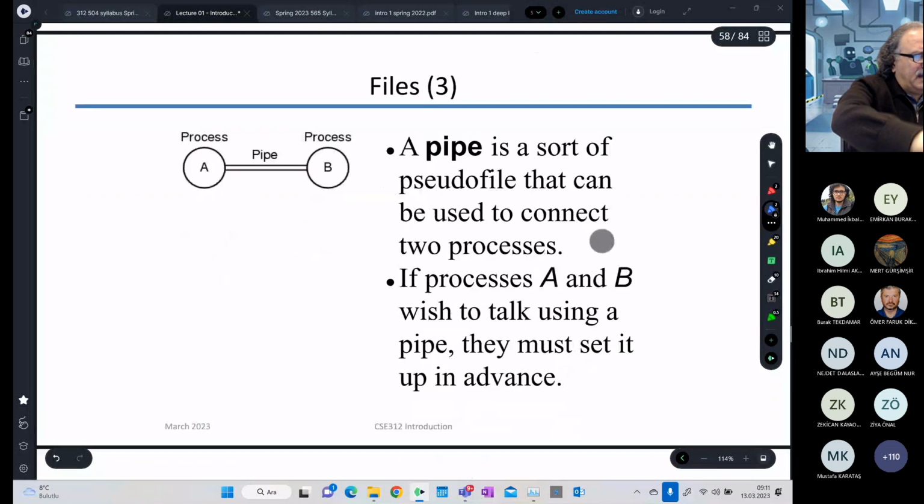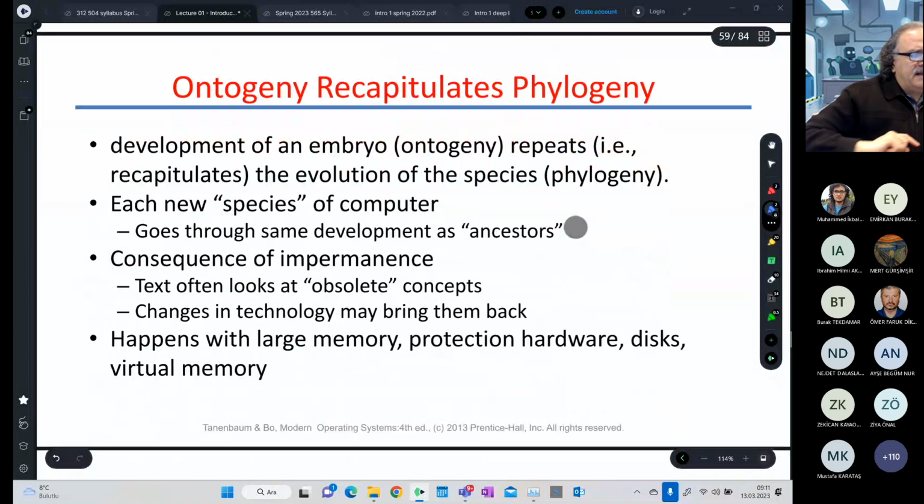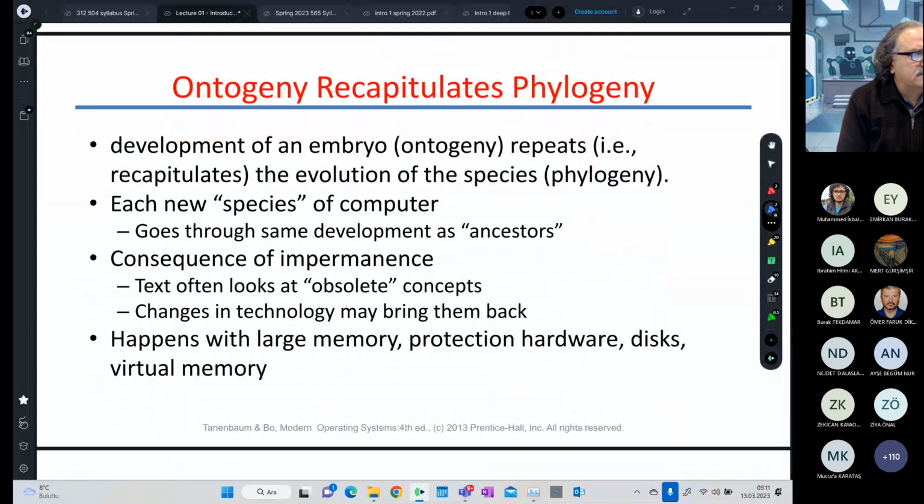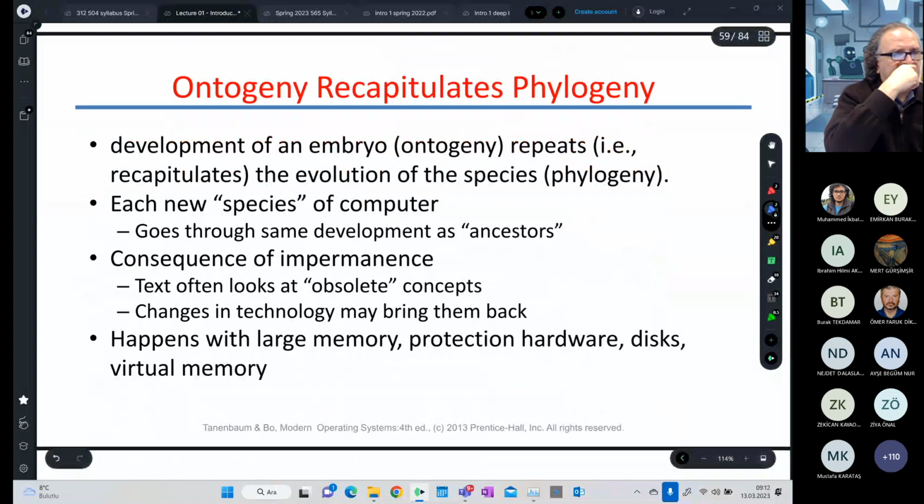Good. I'm going to skip this one, and let's look at this rule. At the end of this chapter, the book discusses this rule, this idiom maybe.